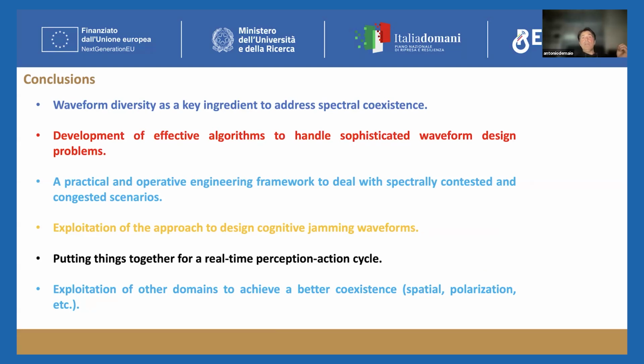And Max showed you the concept of cognitive jamming. As a future research avenue, I would like to mention that it is necessary to put things together for a real-time perception action cycle so as to reach higher and higher TRL levels. And it is also important to consider the exploitation of other domains so as to achieve a better coexistence, such as the spatial, polarization, and also other domains.